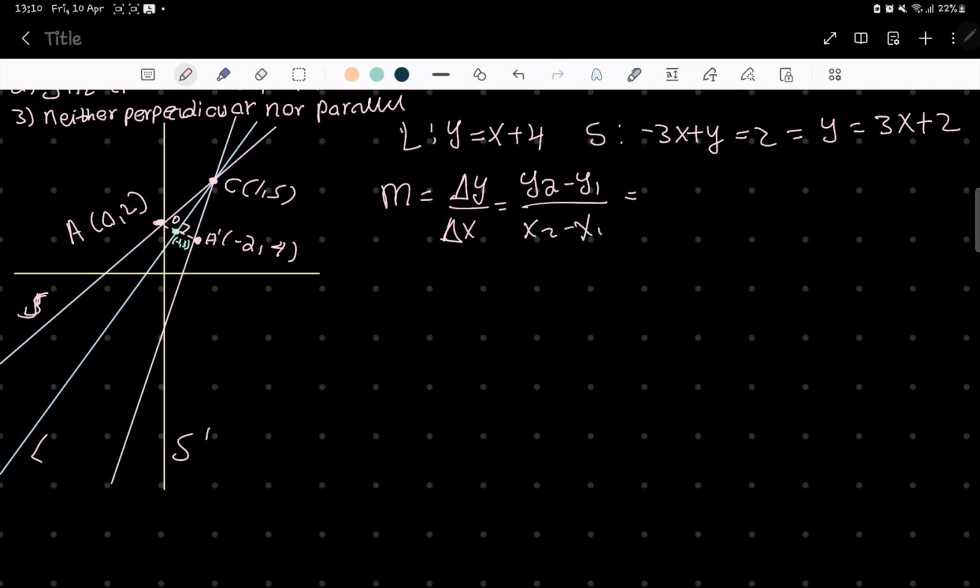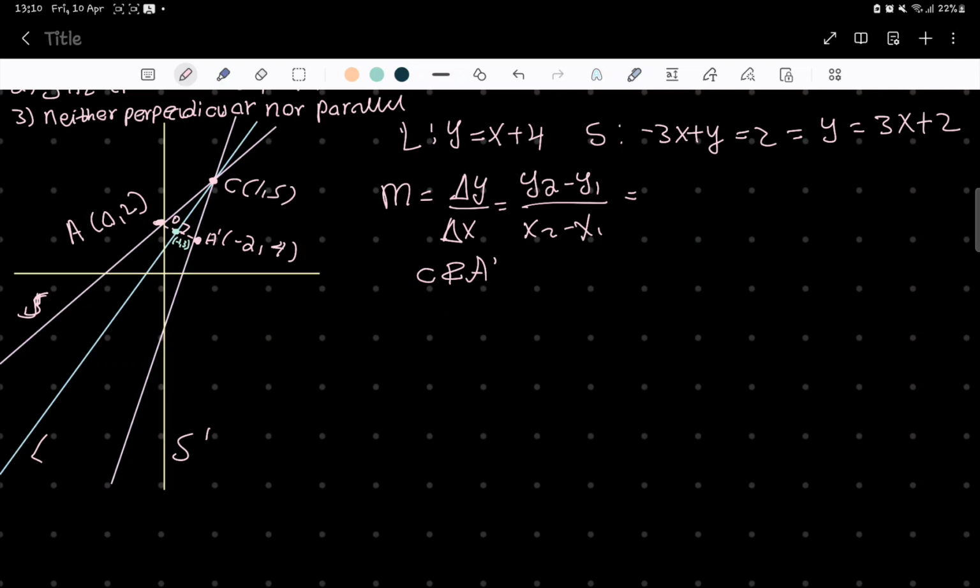In this case, we take C and A prime. C is going to be coordinate number 2, and A prime is going to be coordinate number 1.